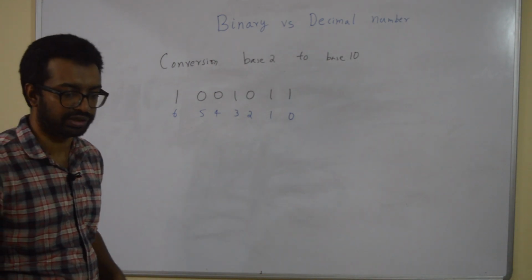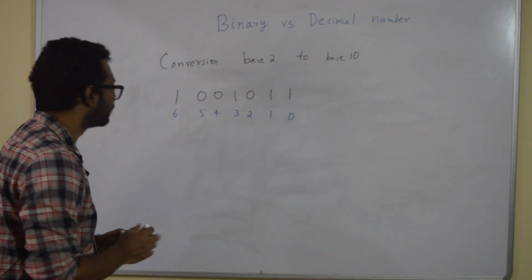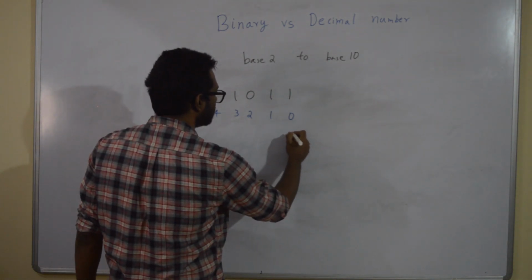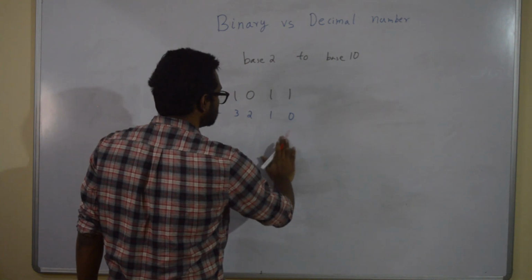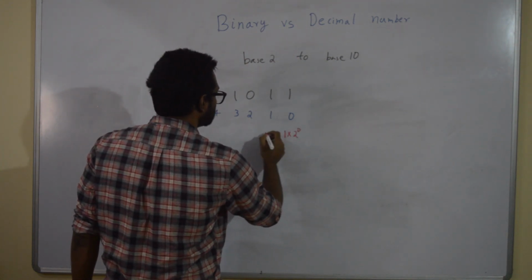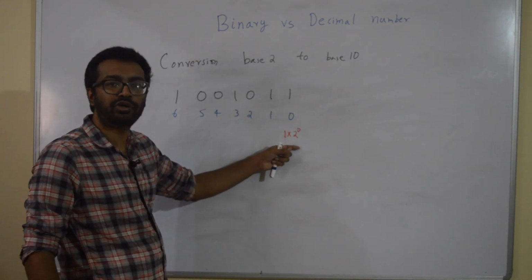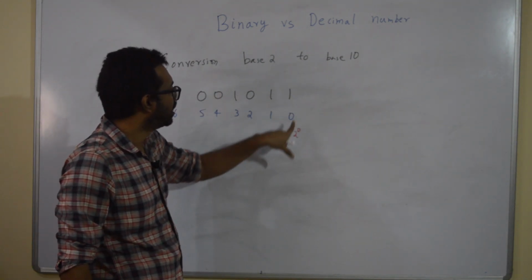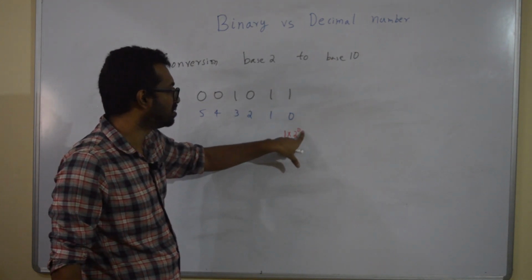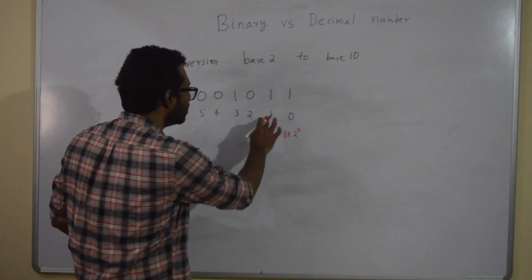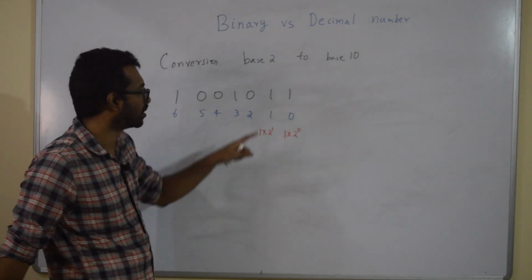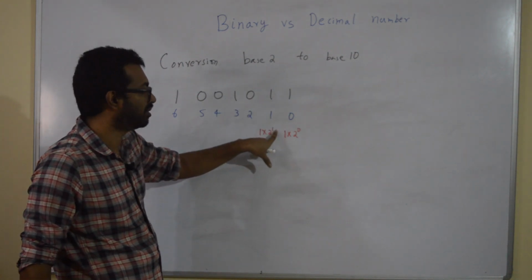Now I do the following. I wrote 1 into 2 raised to 0 here. This 1 comes from here, and the 2 raised to 0 comes from this 0. So this becomes 1 into 2 raised to 1. 1 comes from here and this 1 comes from here.